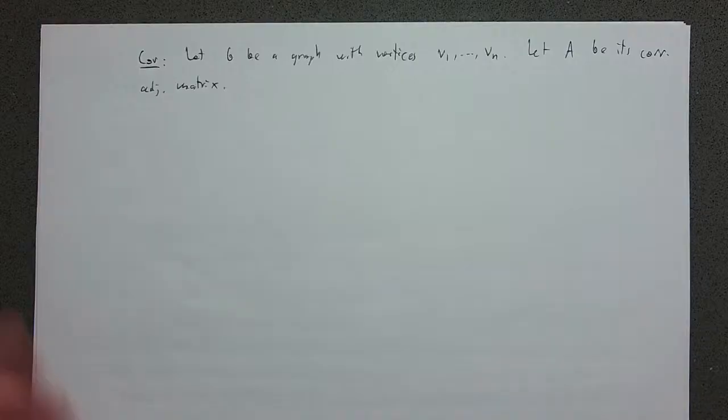Okay, in this course, if I use this abbreviation, I'm not talking about an adjoint matrix or an adjugate matrix. I'm talking about an adjacency matrix. So if I need to talk about those other things from linear algebra, I would write them out. So yeah, if I use this abbreviation, that's adjacency matrix.